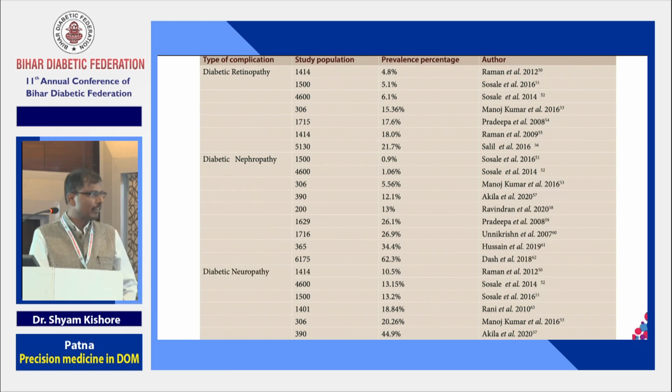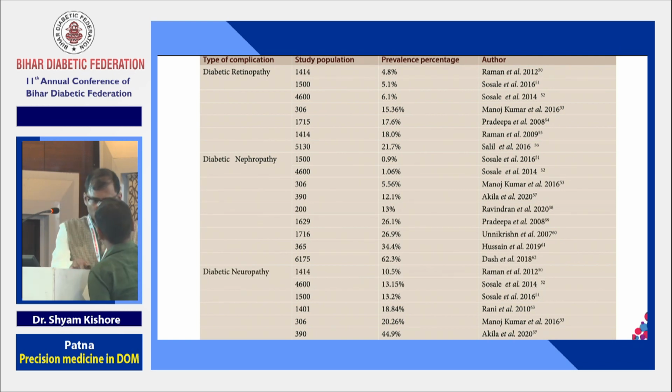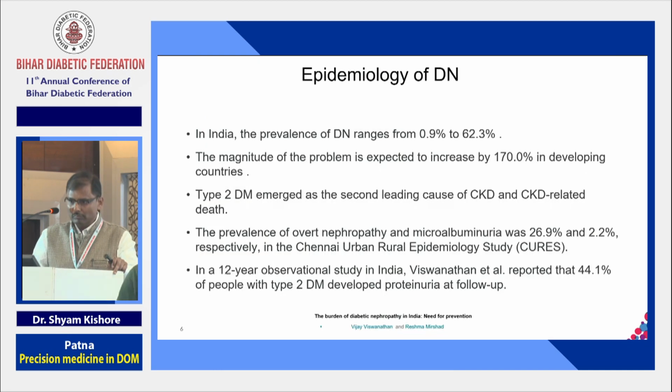So see the gravity of the diabetic nephropathy complication. In India, the prevalence of diabetic nephropathy ranges from 0.9 to 62.3%.